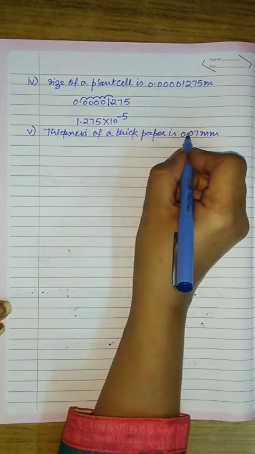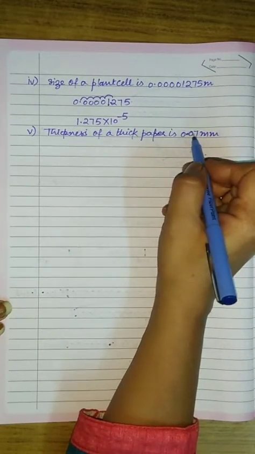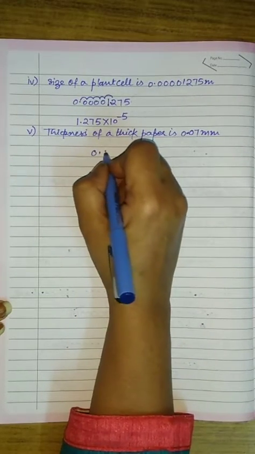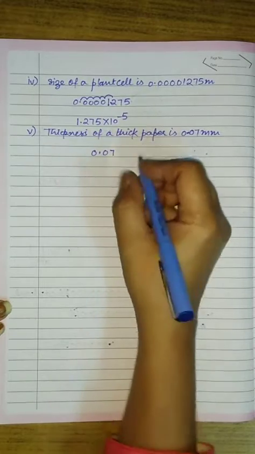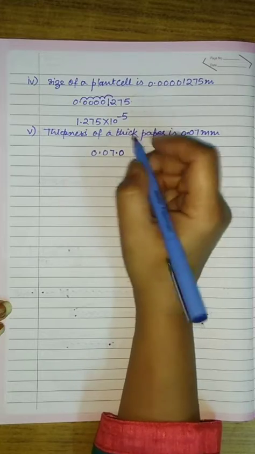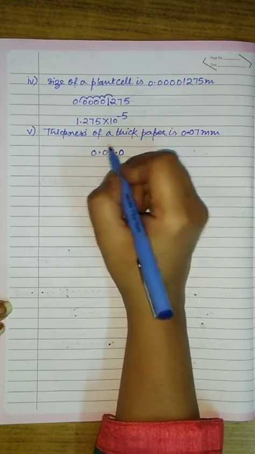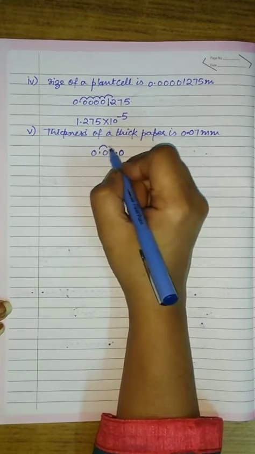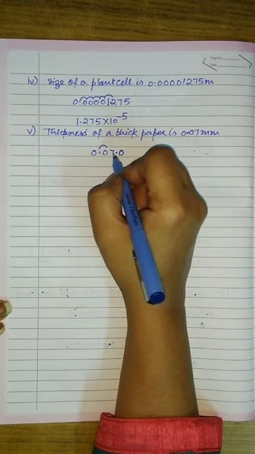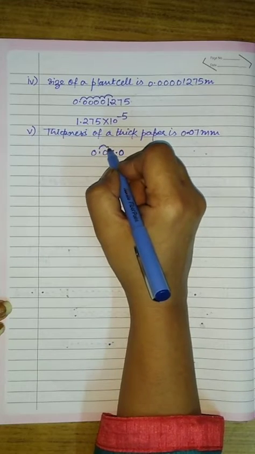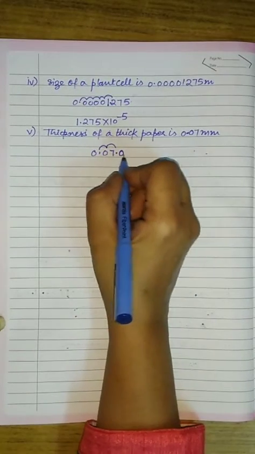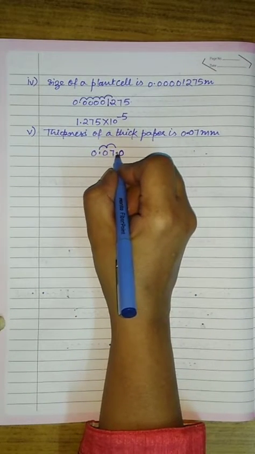Now we have only 2 digits after decimal, so we will put decimal after 7, because the decimal will be shifted 2 places from its original place. 2 digits are there after decimal, so it will be shifted 2 places, and now the decimal is after 7.